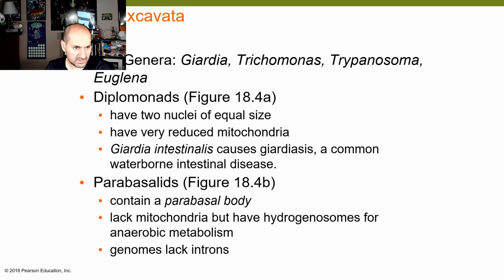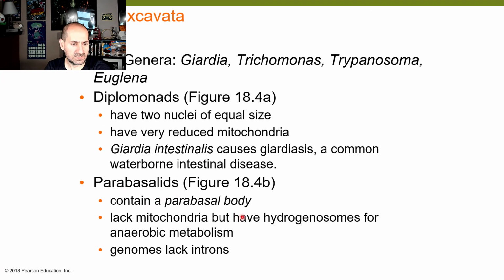The excavata, what you need to know about the excavata are that they are diplomonads, which means they have 2 nuclei of equal size. And then I think I gave you an example here: Giardia intestinalis, which causes giardiasis, which is a waterborne disease.